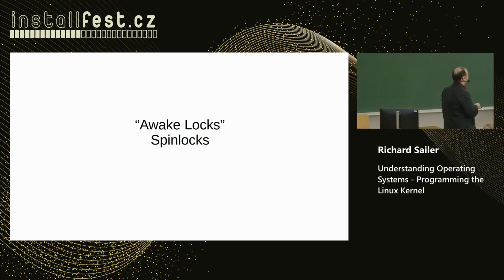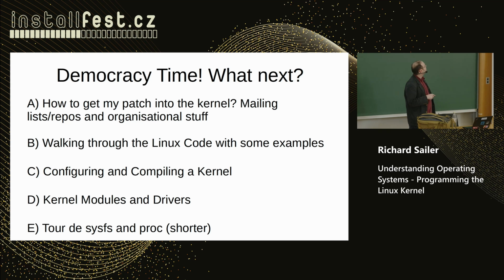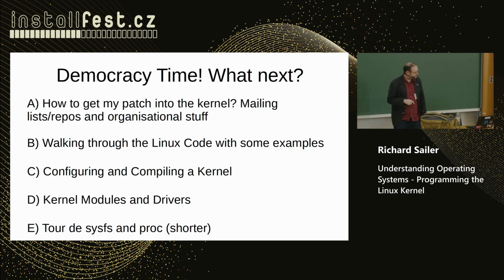So that is everything about the knowledge part. Now we have the doing part, and it's actually democracy time, because we have 5 options that I will show you, and you can vote, but first I will explain them. The first one is how to get my patch into the Linux kernel. That's about the mailing lists, the repos, and more the social and organizational stuff.